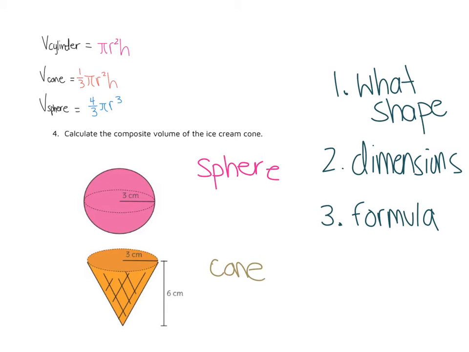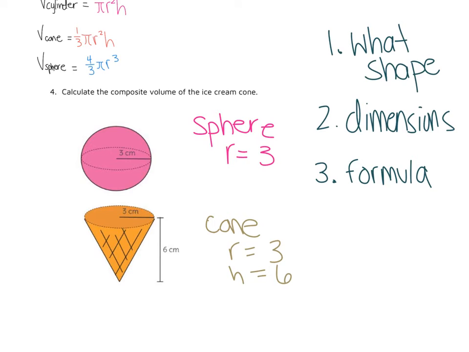So we're actually going to need a couple different dimensions. For the sphere, we just need the radius, which is given to us. It's 3. And then for the cone, we need the radius, which is also given. It's 3. And then the height, which is 6. Now, I'm going to use my calculator as a support, but for the sphere, you may recall it's 4/3 times pi, so 3.14, times the radius cubed.